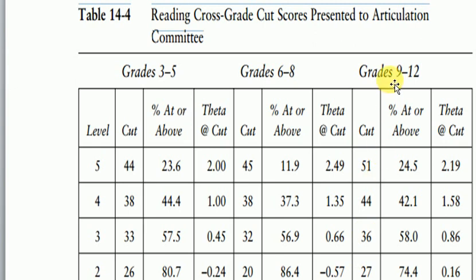And for grade 9 to 12, the cut score at level 2 is 27, percentage at or above is 74.4, and theta is equal to 0.17.